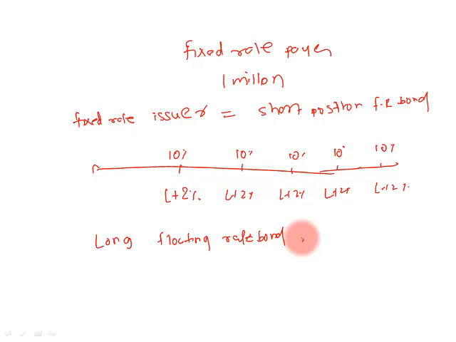Then at the end of the 5th year I will receive my 1,000 back. And here when I've issued a fixed rate bond, I'm paying 10%. At the end of the 5th year I will pay 1,000 back. So that 1,000 is now nullified, isn't it? Which means that now we can say a fixed rate payer swap is equal to being long on a floating rate bond and short on a fixed coupon bond.